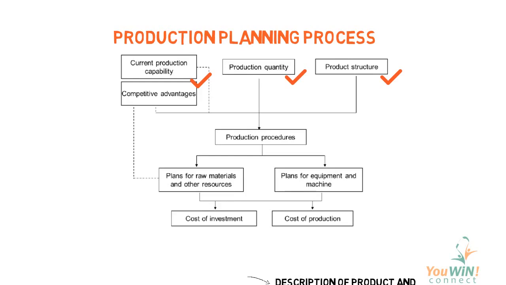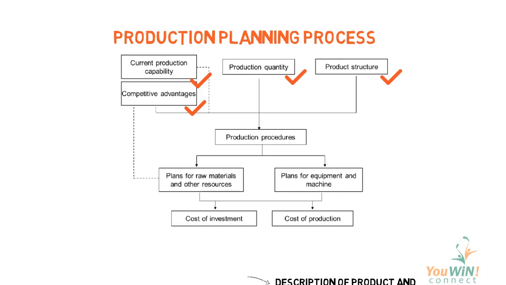The production planning process also makes provision for the competitive advantage that the company adopted. To show consistency with the marketing strategy, the competitive advantage needs to be very clear in the production planning process.